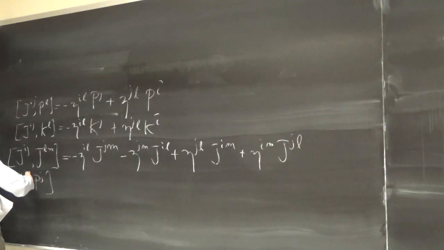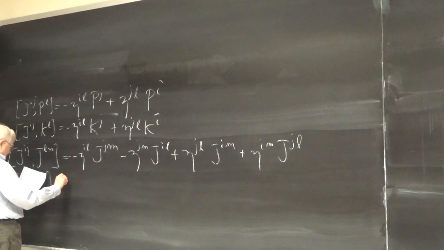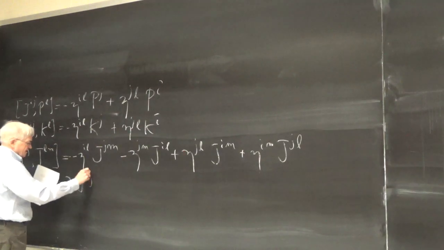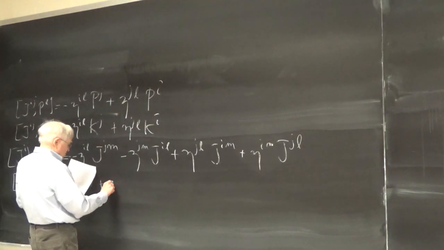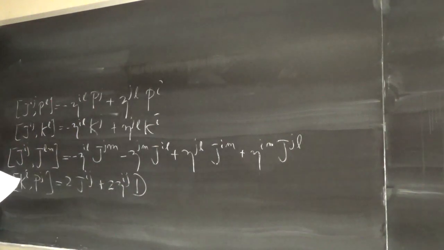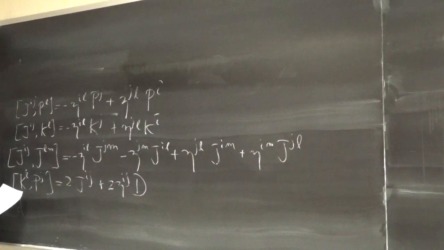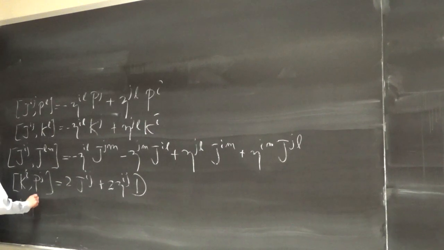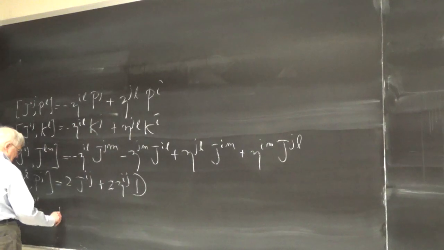commuted with the generator of a space-time translation is 2Jij plus 2 eta ij d dilation. One interesting thing is that if you add up all of these generators in d dimensions, there are d p's, there are d k's.